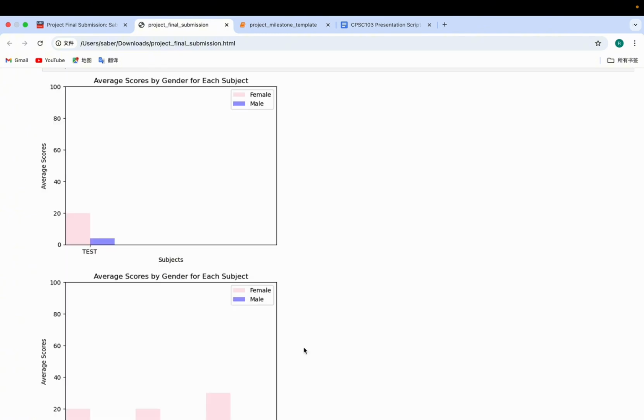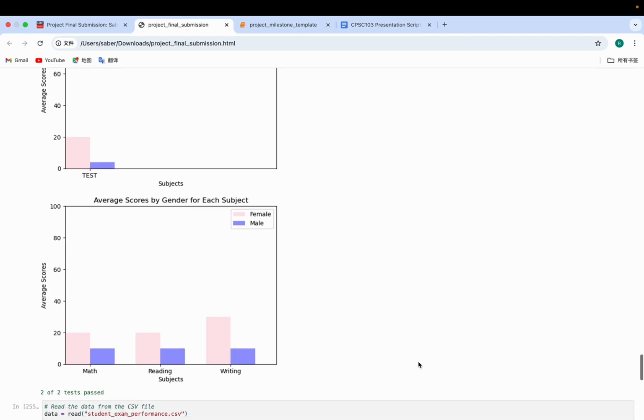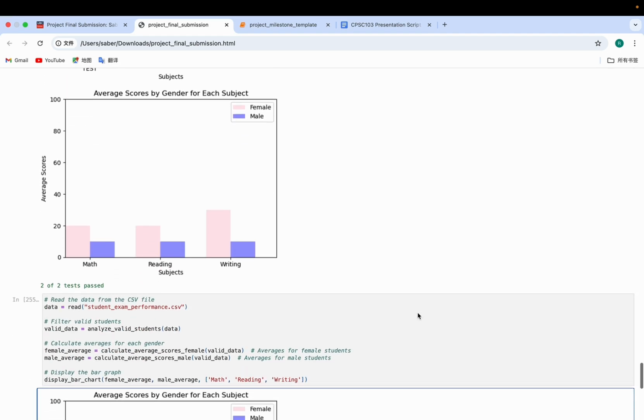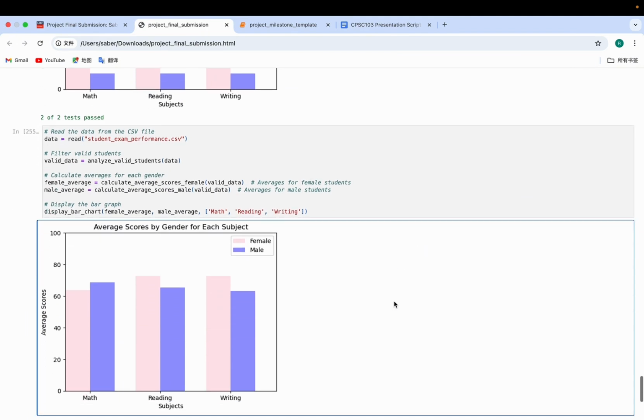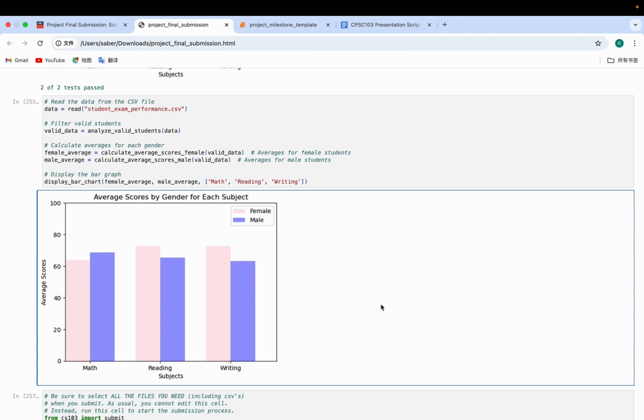In conclusion, our project provides valuable insights into gender-based performance differences in education. By applying systematic program design, we were able to filter and analyze the data accurately, ensuring reliable results. The visualized findings highlight the significant trend, such as the female students being good at reading and writing, and the male students excelling in math.